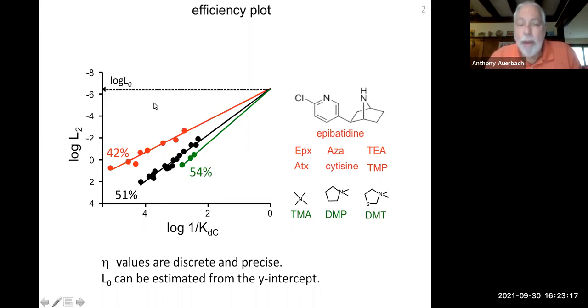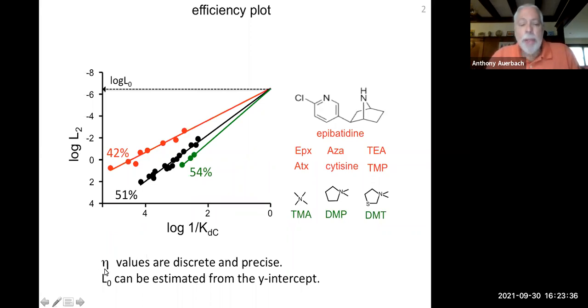We spent a lot of effort getting L0. This is a very easy way to get L0. This comes directly from dose response curves, from the maximum and the EC50. You don't need to know L0. You get efficiency and you get L0.